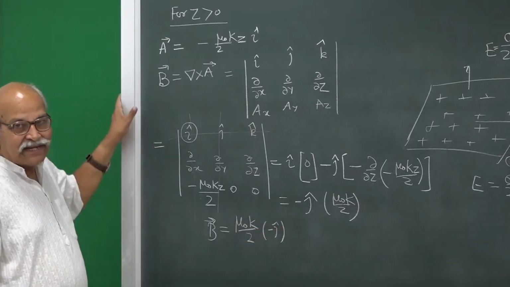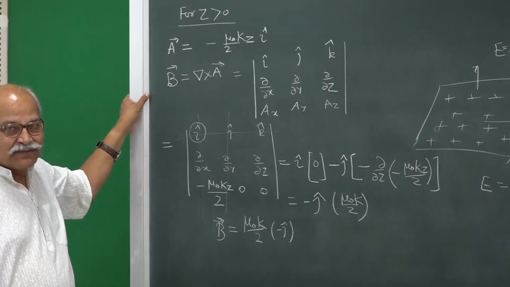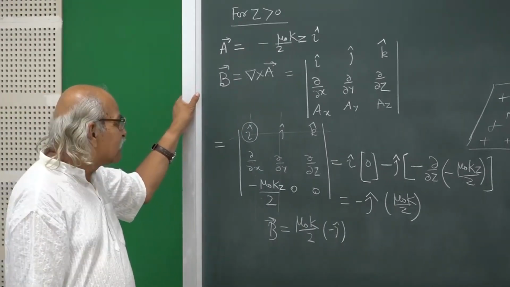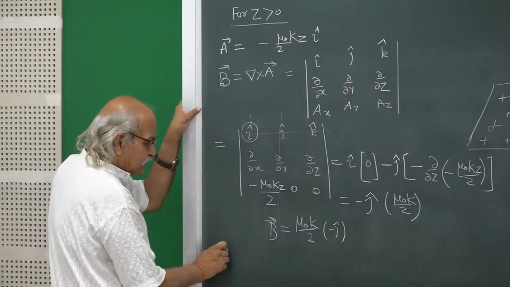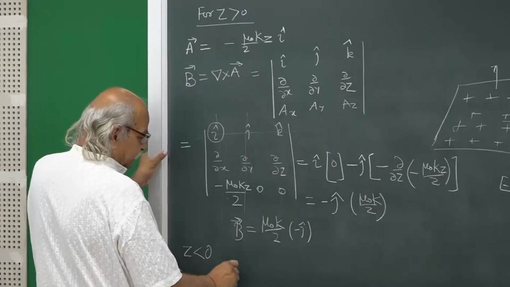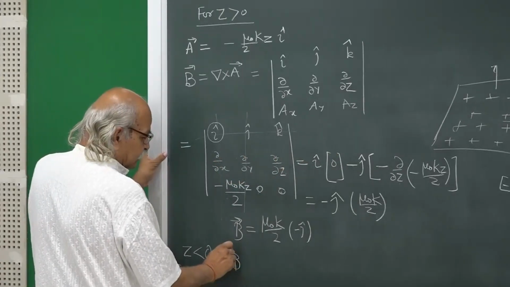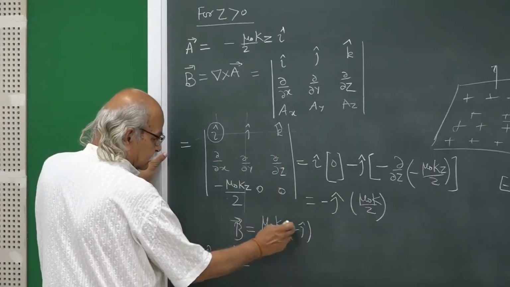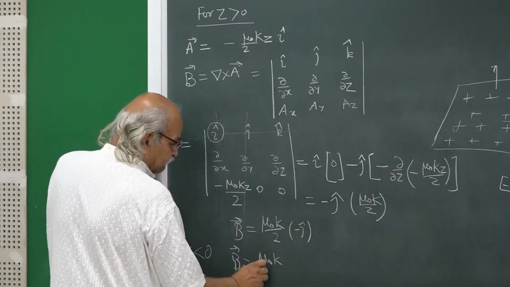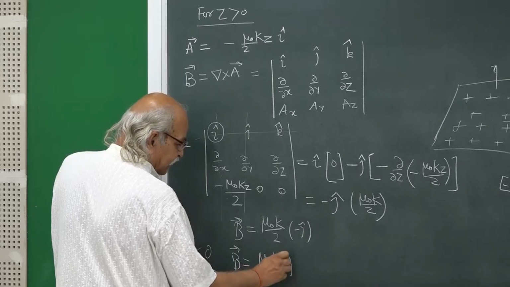That is what we had derived earlier using Ampere's law or Biot-Savart's law. And similarly, for z less than 0, you use that expression, without the minus, and B is mu naught k by 2 j cap.